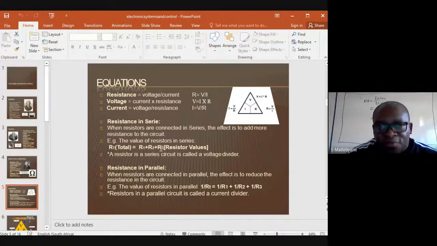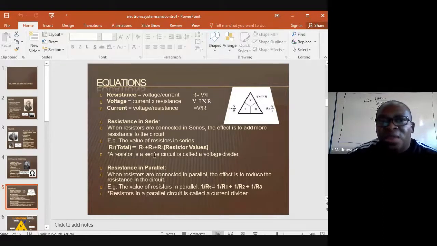If you have 3 resistors, the voltage will be divided across resistor 1, resistor 2, and resistor 3. So note that I'm always talking about 3 things: resistance, voltage, current. Hence I say these 3 things are important.